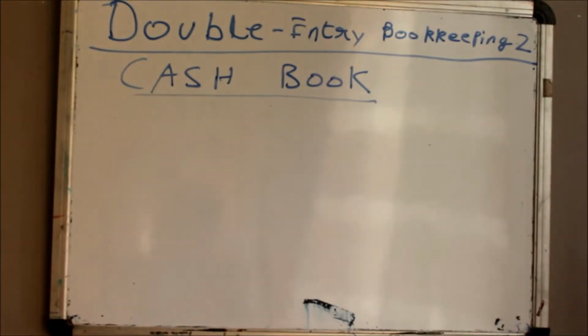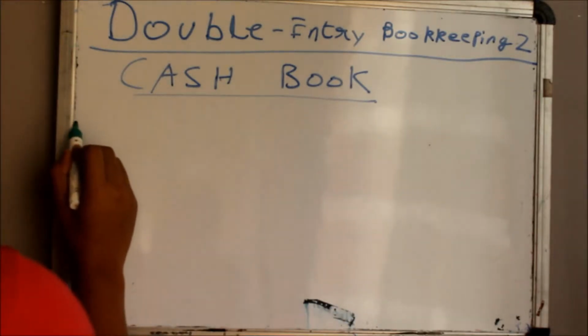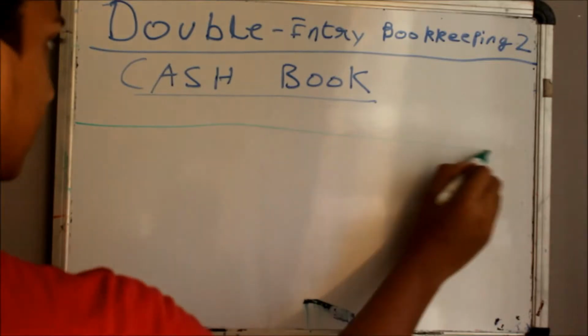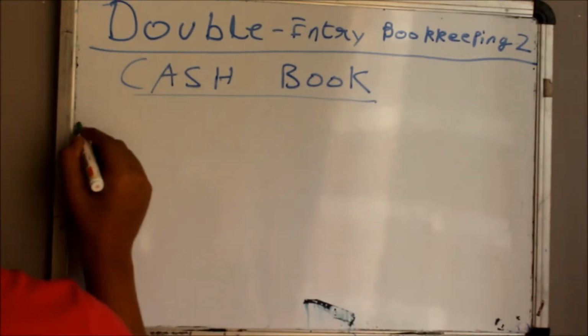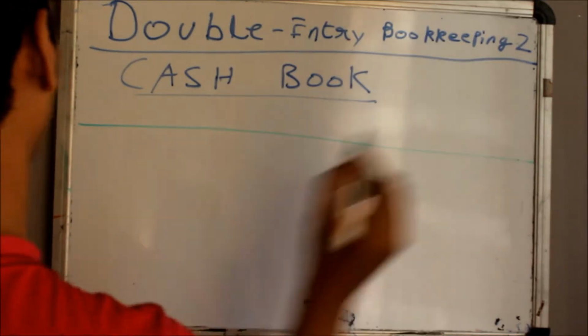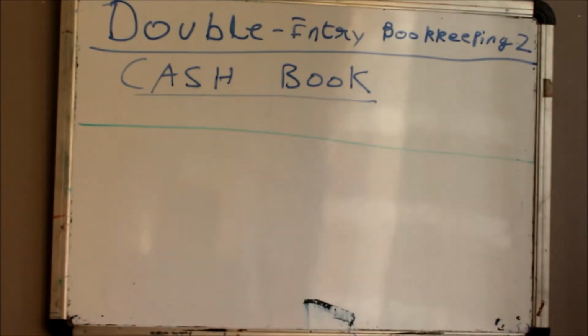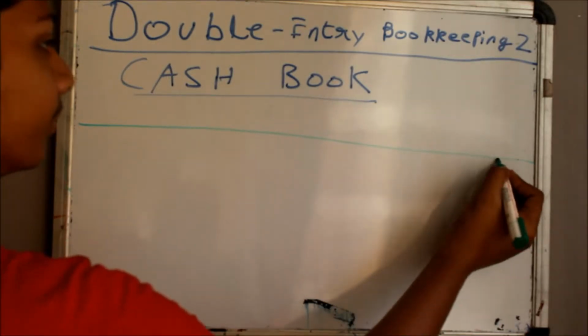Here it goes. Now this is nothing like the ledger account, because in this cash book there are no multiple accounts. It's just a plain simple cash book. Now let me draw it for you here and explain it later.